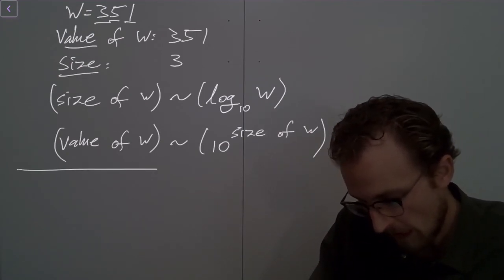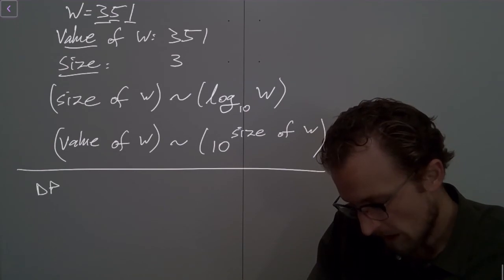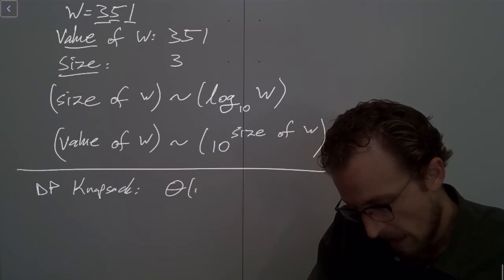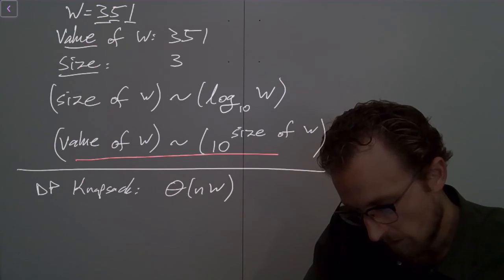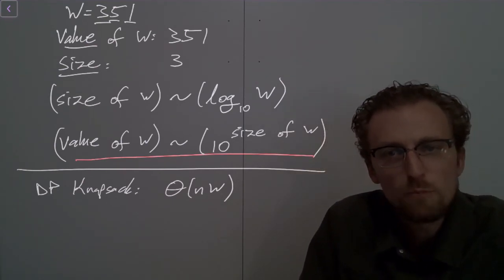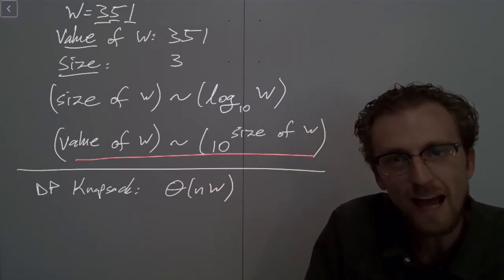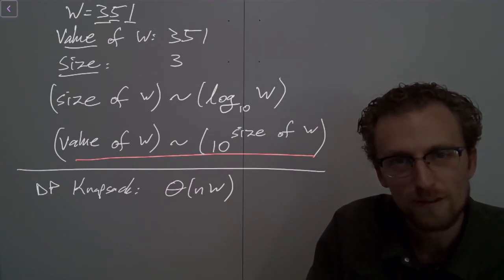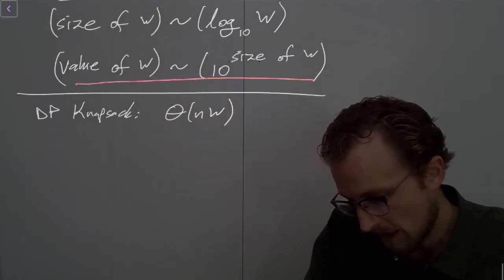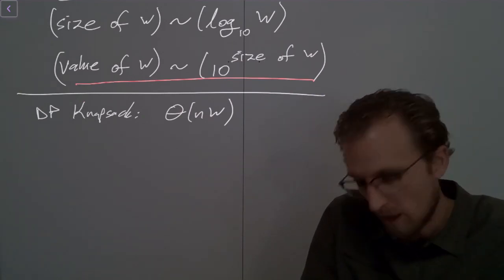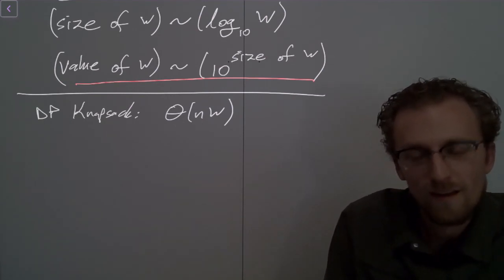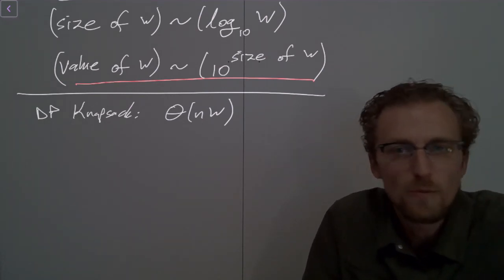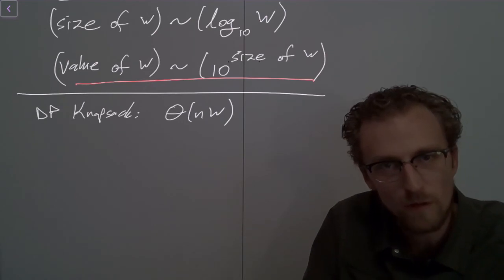Okay, and so now let's go back to the algorithm complexity of the knapsack algorithm, the DP knapsack algorithm. The DP knapsack is big theta of n times W. Well, what I just wrote is that W is proportional to the exponential of the size of W, of the representation. If I want to think about the capacity of the knapsack as something that takes up space in memory, it takes up exponentially as much space as the number is large.